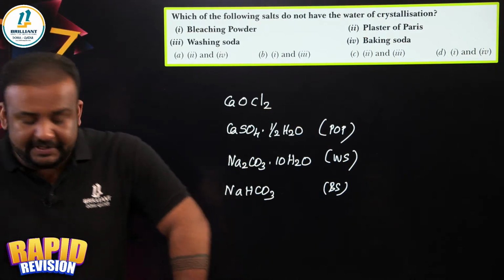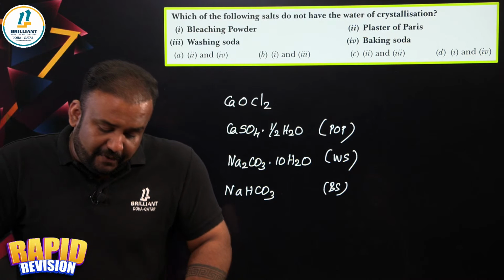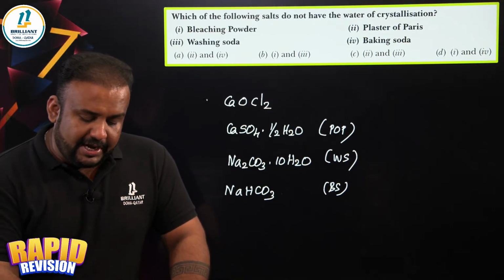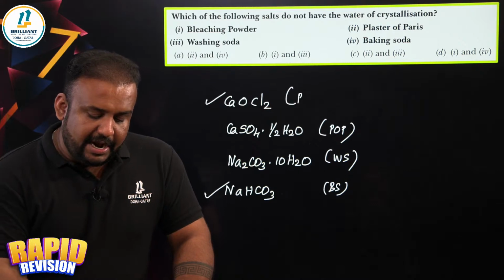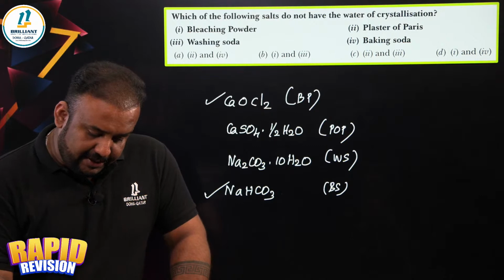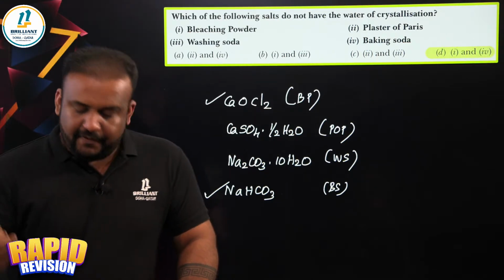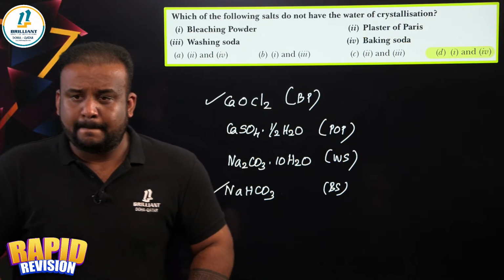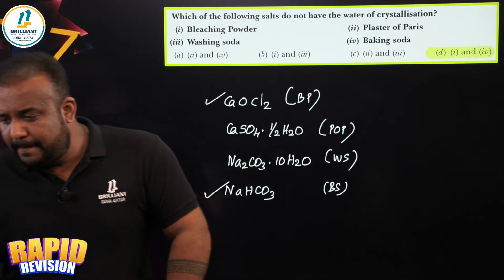It does not have water of crystallization. So which of the following do not have water of crystallization is the question. So bleaching powder and NaHCO3. So what is the right answer? Yeah, 1 and 4. Is that clear to everyone? Is it clear to everyone?